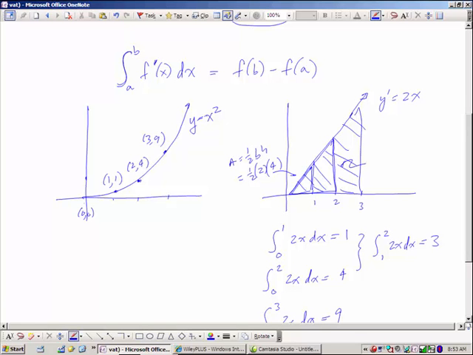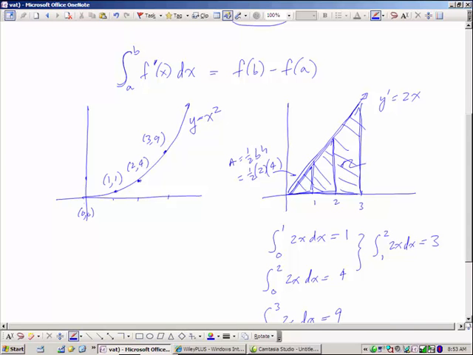Not only do we know the function's increasing, but now you can tell us exactly how much it's increasing. So before, all you were able to say is, on 0 to 3, the function's increasing because the derivative's positive. Now you can say, on 0 to 3, the function's increasing 9 units, because that's how much area is underneath the derivative function.